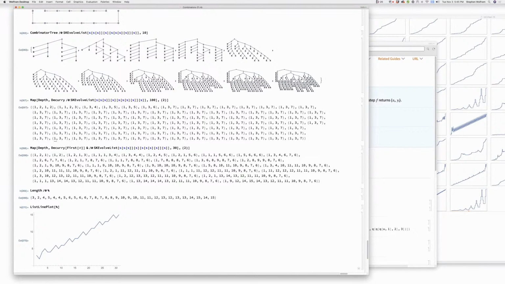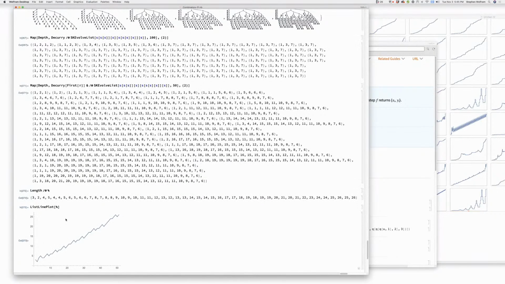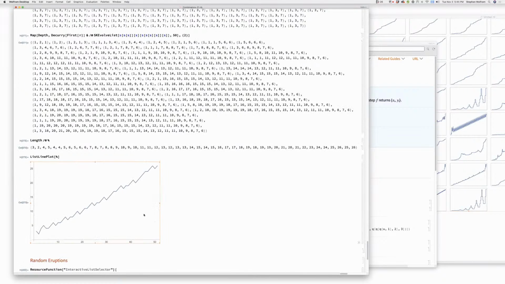Well, that's mildly interesting. Let me just try running it a few more steps. Oh no! Look at that! That's crazy! Look at that thing. I thought it was going to be periodic, but it's not.